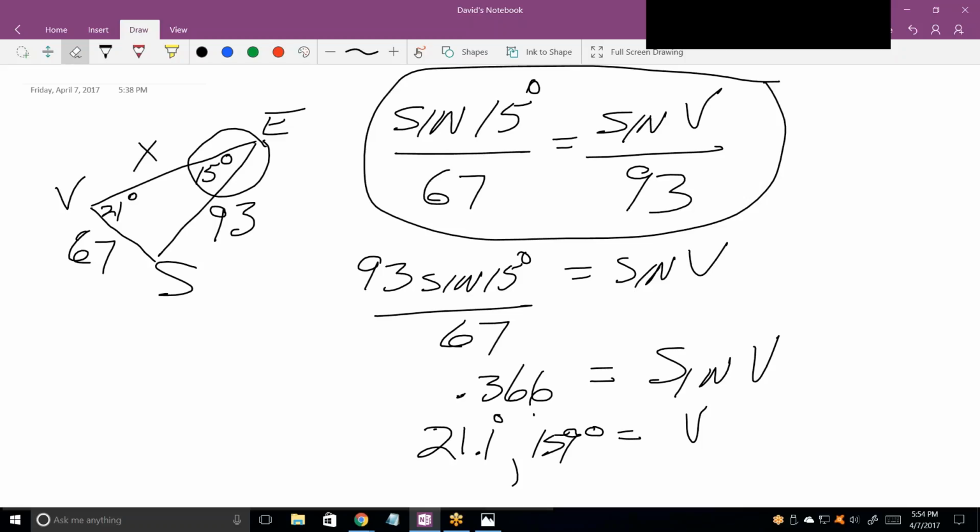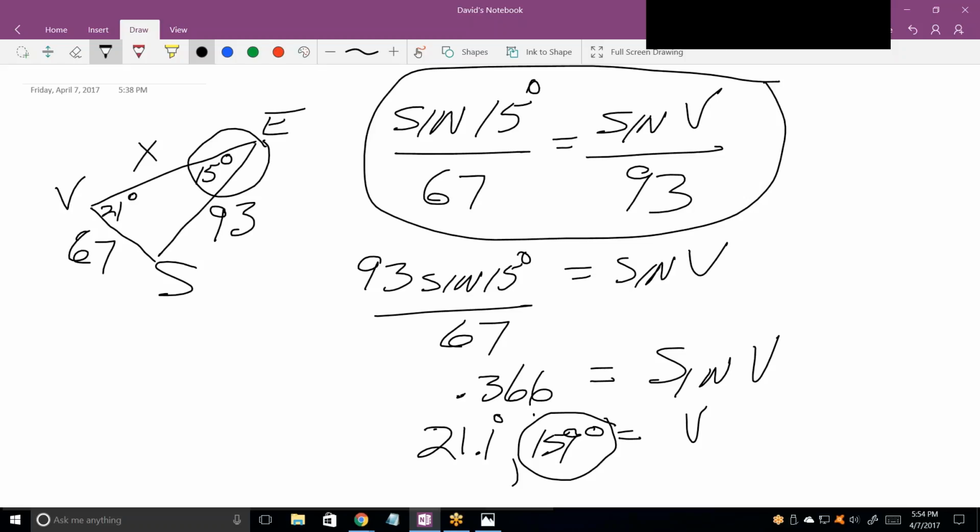Right. In other words, when you solve for V, it's not just 21.1. Remember, sine is positive in the first and second quadrant. So the sine of 21.1 is going to be exactly the same as the sine of 159. And so therefore, that would also satisfy the law of sines.